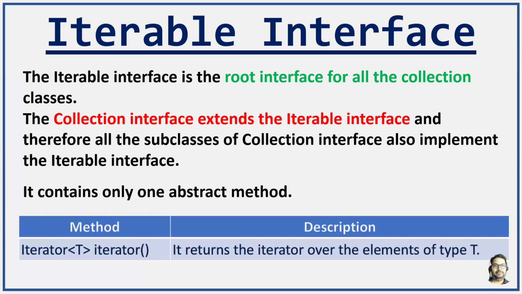And this Iterable interface contains only one abstract method, called iterator, and it returns an iterator over the elements of type T. Type T means whatever collection you are using, and if you call the iterator method on the collection, it will return an Iterator object, and this iterator will help you in traversing or iterating the elements of your collection.